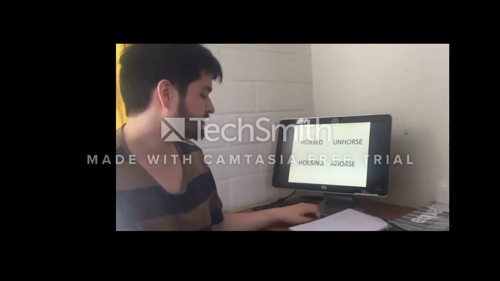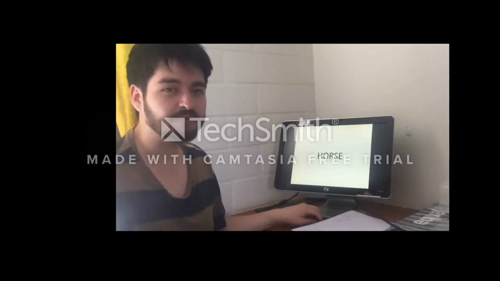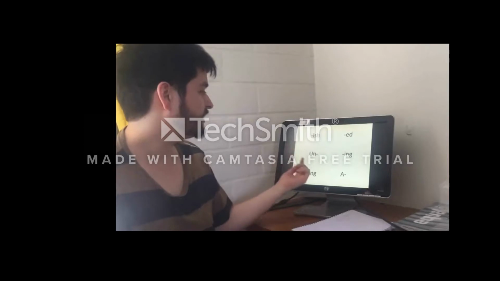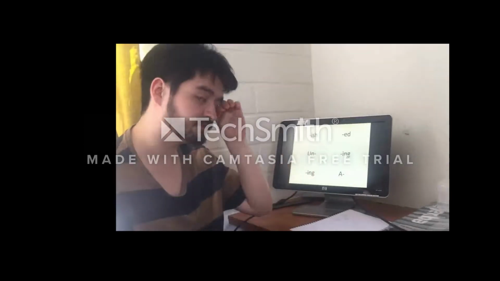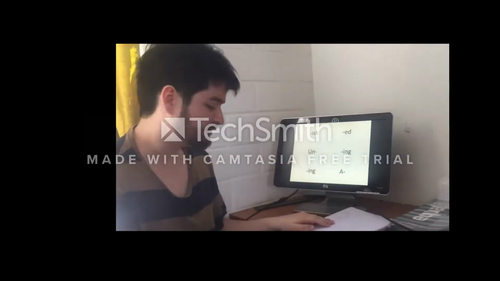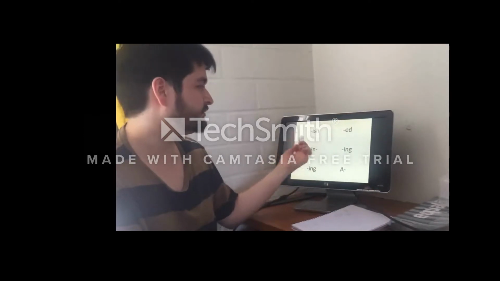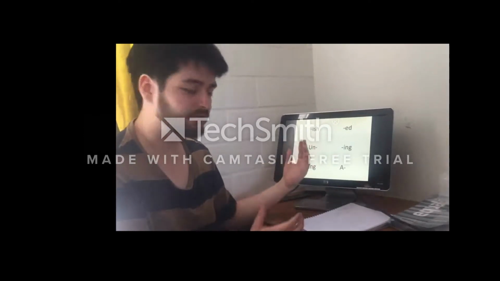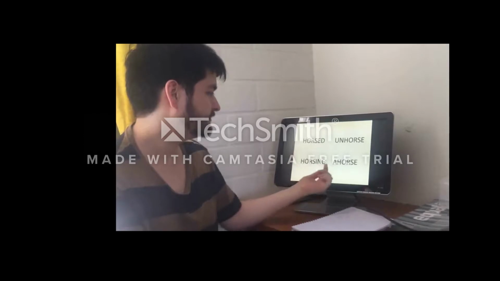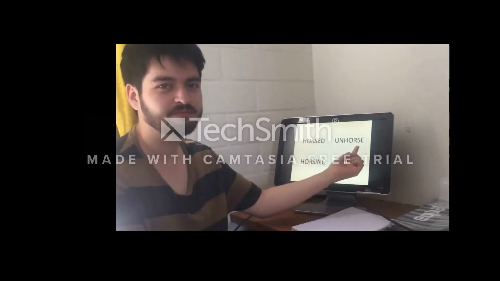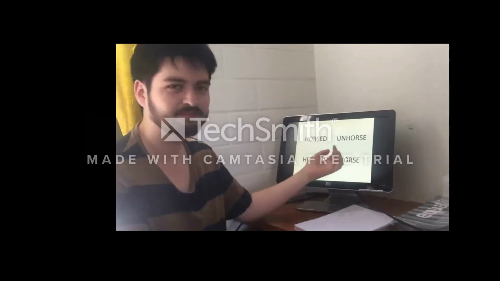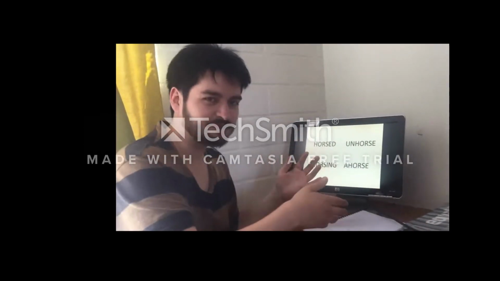Okay, this is also related with the minimal part, because even if on or each aren't words per se, they are minimal parts, and if we combine them, we can create new words, like unhorse, like you undo the horse.